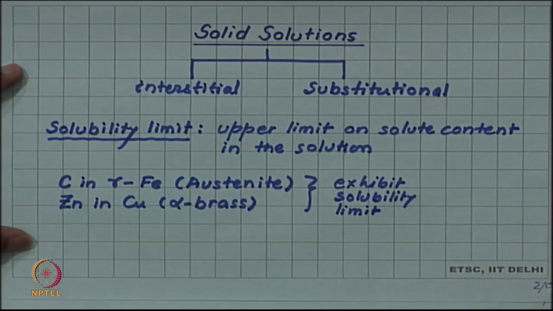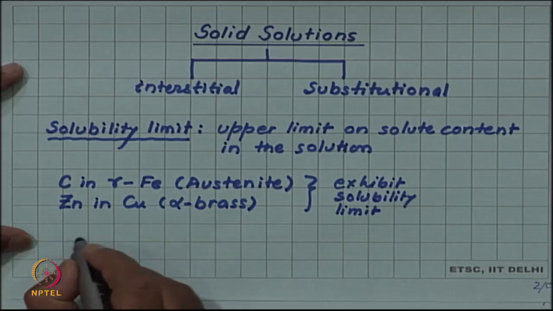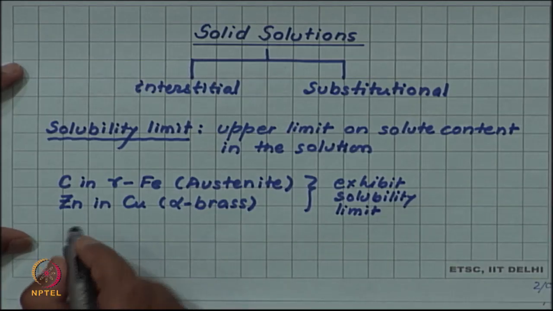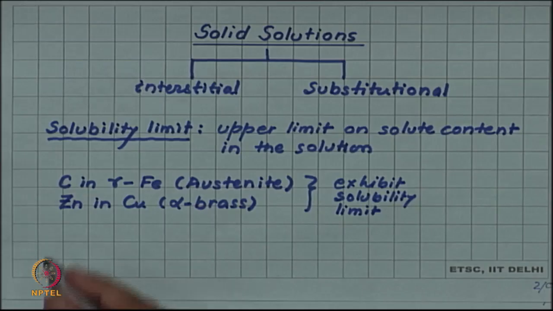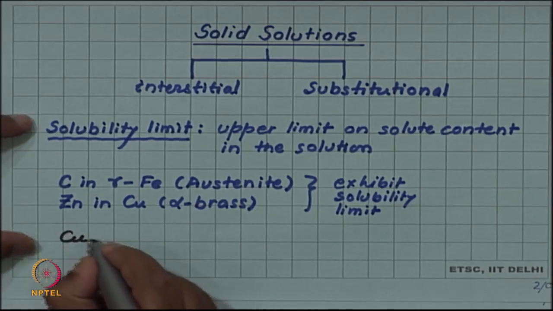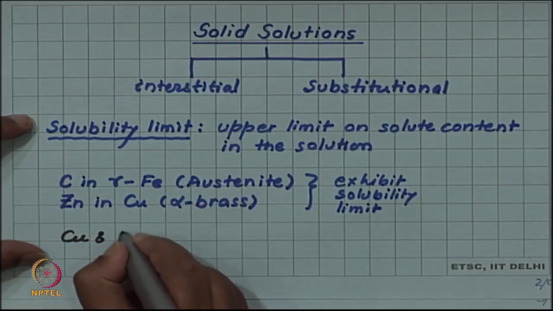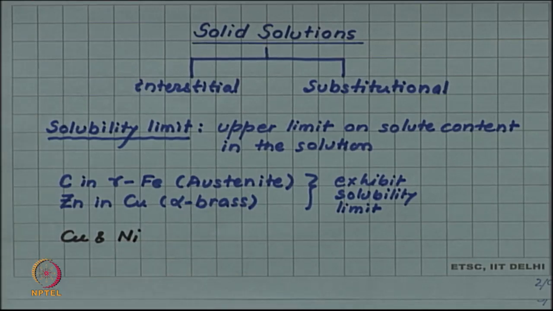So, there is an upper limit, but in some cases, so another example is, let us say copper and nickel. This pair of elements can be dissolved or can be mixed with each other in any ratio. I can make solid solutions starting from pure copper right up to pure nickel in any proportion.